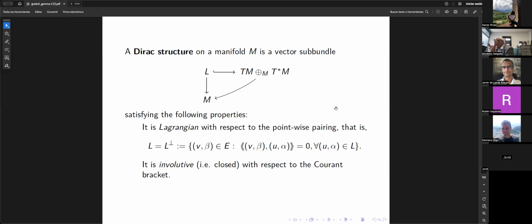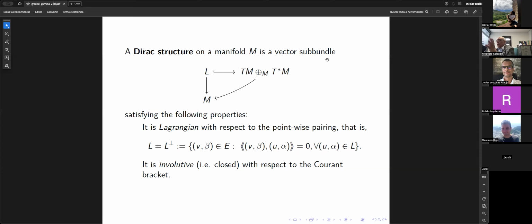And so we can consider the pairs (X, alpha), where alpha is the contraction of omega with the vector field X. And if you have a Poisson structure, we have a mapping from covectors to vectors. And if we consider in both cases the graph of these mappings, we obtain a vector subbundle of these things. So this is a way to consider both things at the same time.